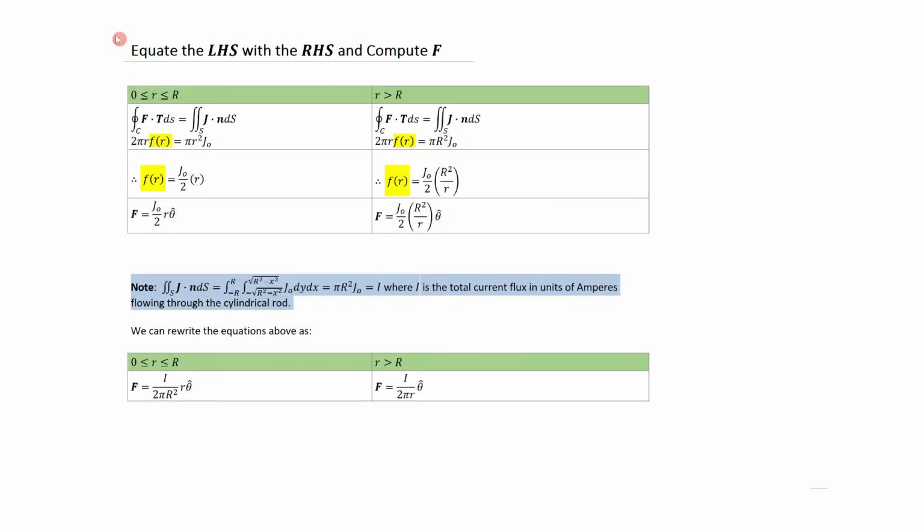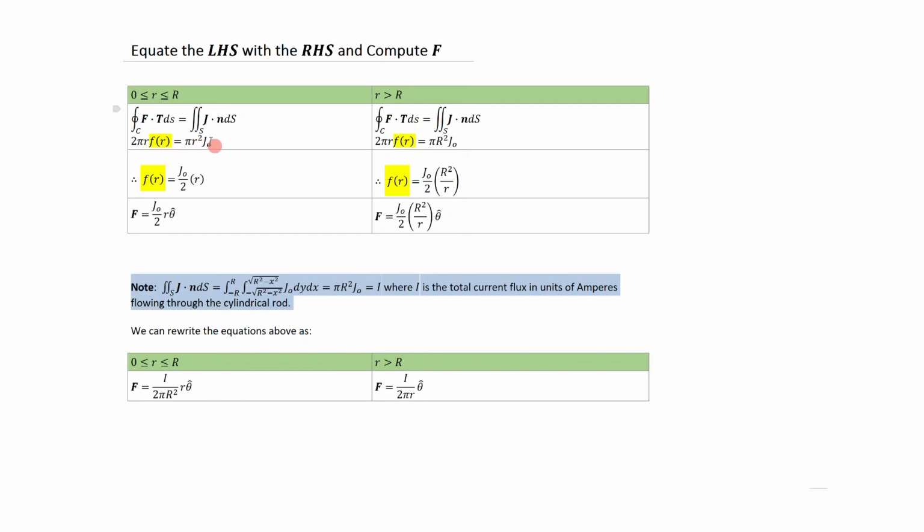All right, so the last step is to equate the left-hand side with the right-hand side, and then compute the field F. We have two regions to consider: the region from 0 to capital R, and the region greater than capital R. Here we have collected the left-hand side and the right-hand side. The left-hand side never changes for a given geometry, whereas the right-hand side is the part that changes.